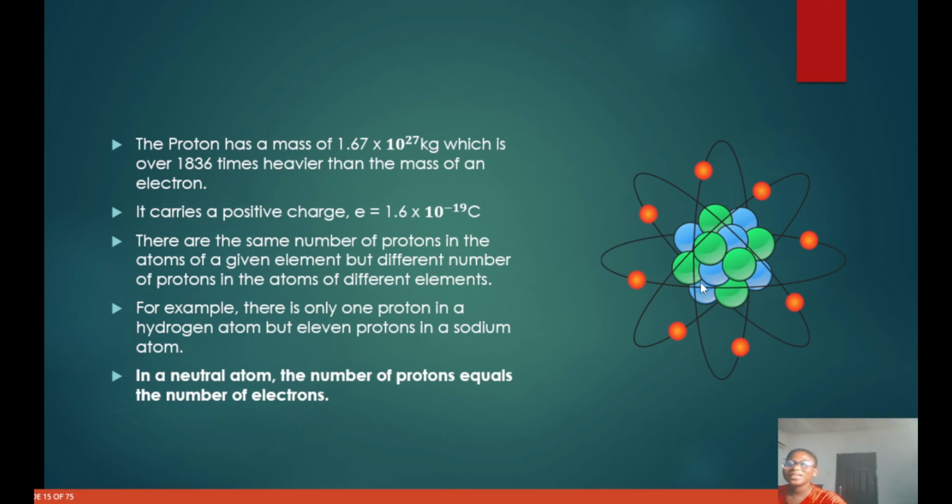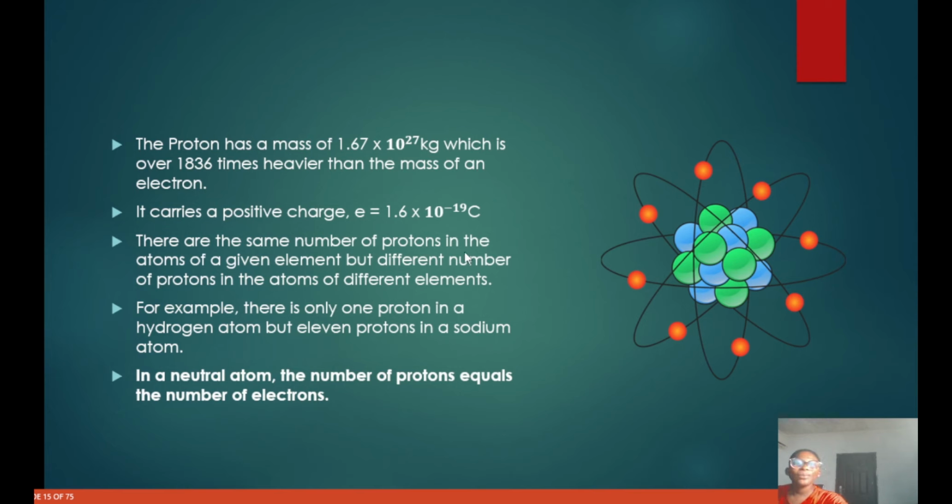You can see it at the center here, positively charged. It carries a positive charge of 1.6 times 10 to the power minus 19 coulomb, while that of the electron was minus 1.6 times 10 to the power minus 19 coulomb. But the proton is 1,836 times heavier than the electron.